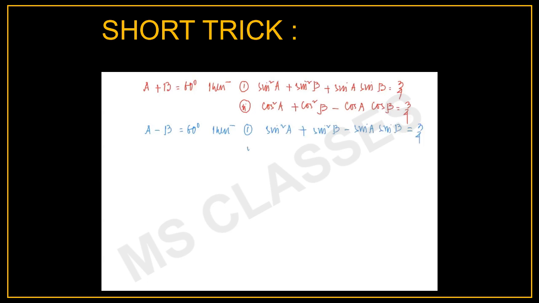And with this we have another form, cos square a plus cos square b minus cos a cos b equal to 3 by 4. You can understand either a plus b is 60 or a minus b is 60, in both the cases the result for cos is same. But for sine, it changes. When plus, here also you have plus. When minus, here also it is minus. So this is how we can keep in mind.